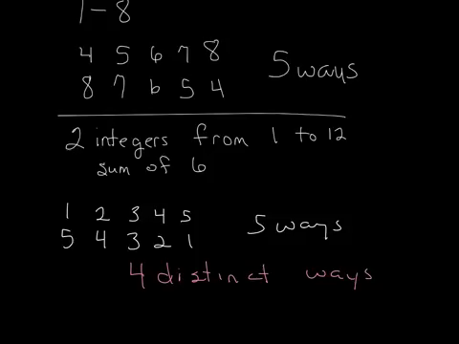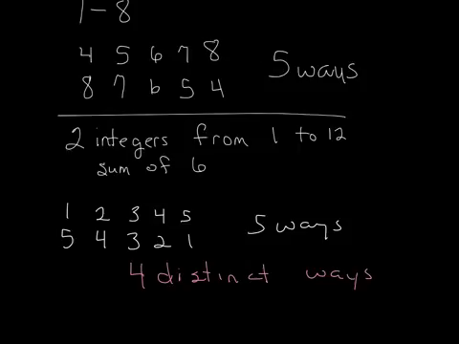We can't put the number back in, we're just randomly picking a number. First time you pick a 4, and then you pick an 8. That's one way. You might randomly pick a 5 and then a 7. That's one way. So there's 2. You might randomly pick a 7 and then a 5.